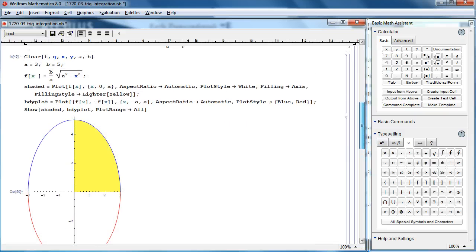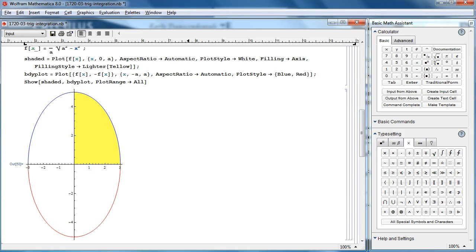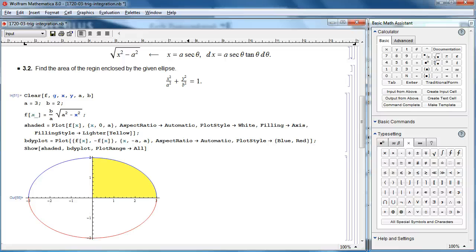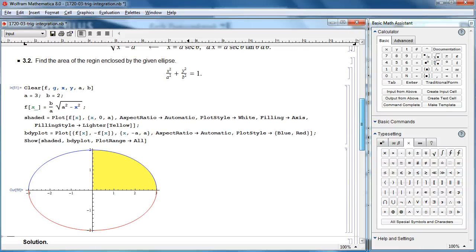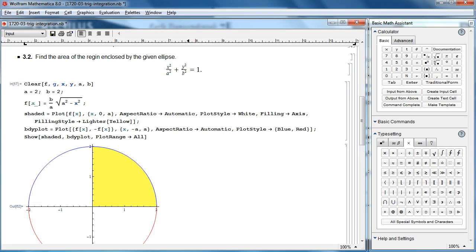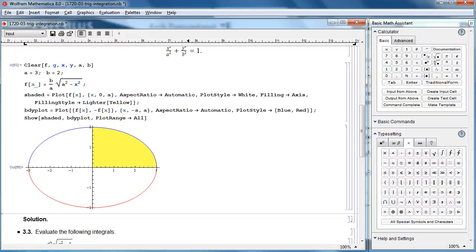I just changed b to 5, so the stretching is even further in the vertical direction, and it's a little bit too big, so let's change it back. Oh, by the way, if I take the same values for a and b, then I'm going to get a circle. Okay, let's go back to where it was.